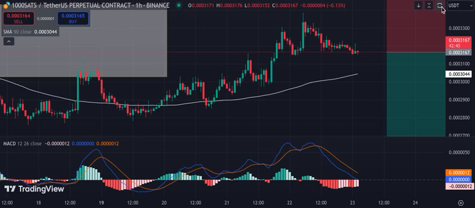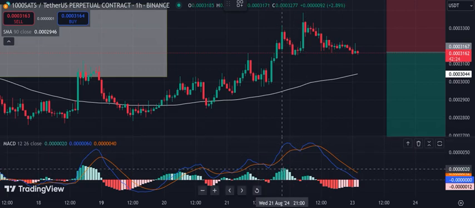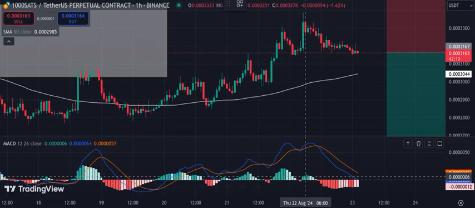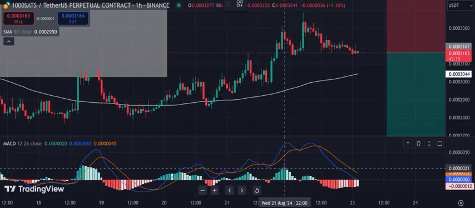Now using MACD divergence, also we can see the market is actually pointing down. Reason being that you can see here in the markets, the MACD is giving a high, a low, and a little high. So there is a divergence here, if you can see this.